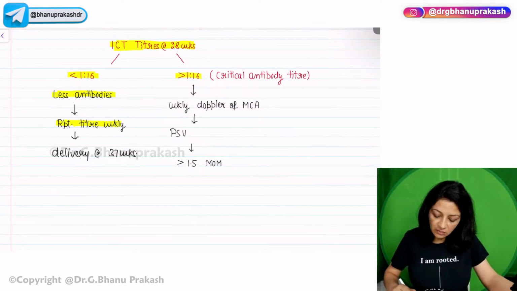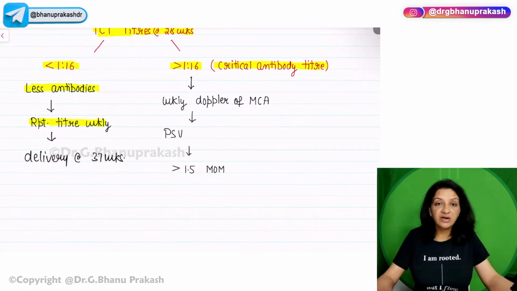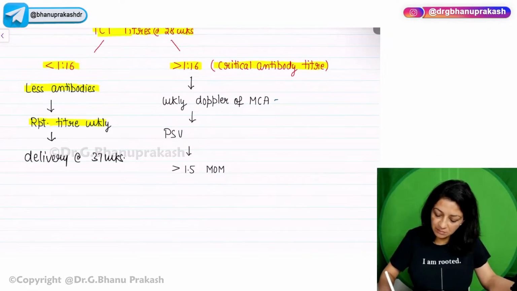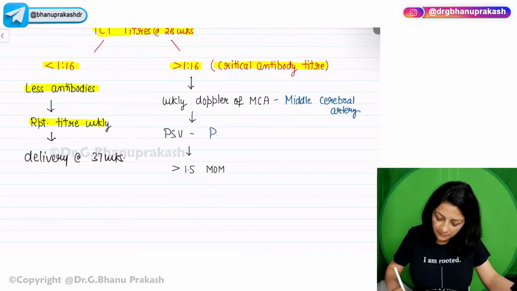If the titers are more than 1:16, means critical antibody titers. It means hemolysis in the fetus has become very high, severe anemia in the fetus. Then we will do weekly Doppler of MCA, middle cerebral artery Doppler, and we will check the PSV, peak systolic velocity.